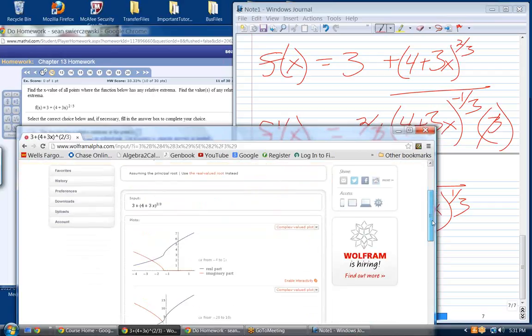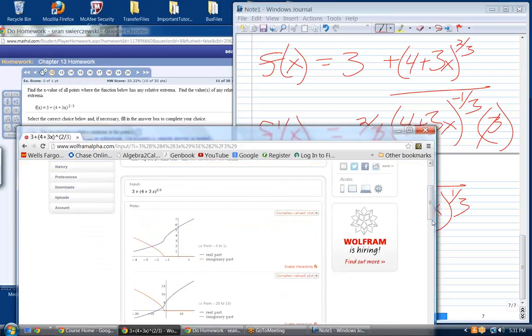Okay, this is a graph of the original function, and the blue is the... where on this function is it undefined? Visually. No, this orange is the imaginary solution.